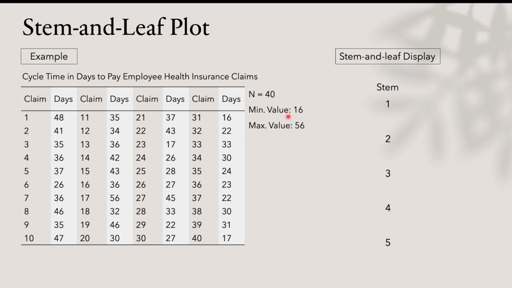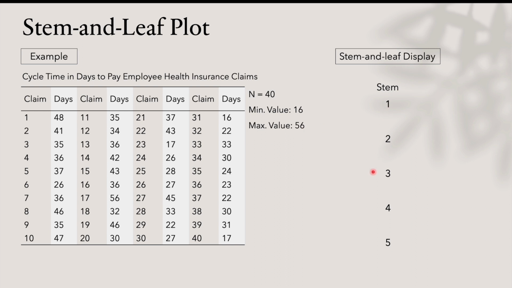How? The minimum value was 16, so its stem, the leading digit on the left hand side, is 1, and the trailing digit on the right hand side is the leaf. The maximum value in the data is 56, which has stem 5 and leaf 6. So stem 5 is the largest stem in this data set.